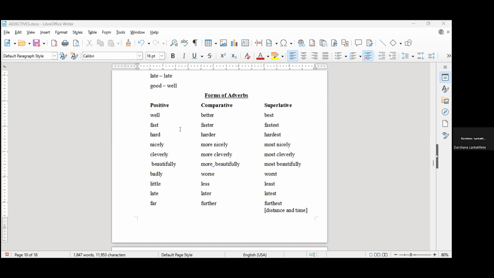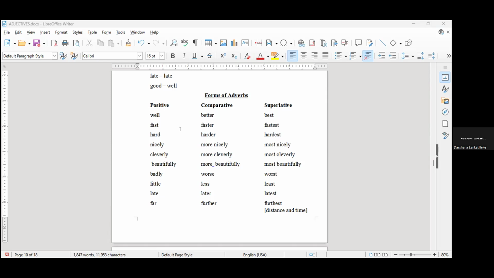And for long adverbs, just like in adjectives, we used more and most. In adverbs also it's the same, right? Now see, cleverly, more cleverly, and most cleverly, like that. Fast, faster and fastest. Hard, harder and hardest.